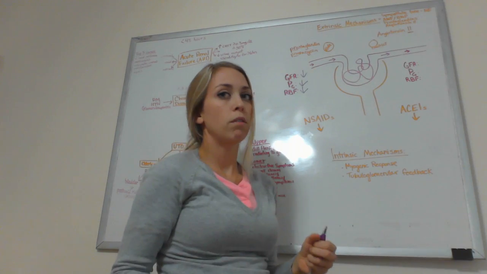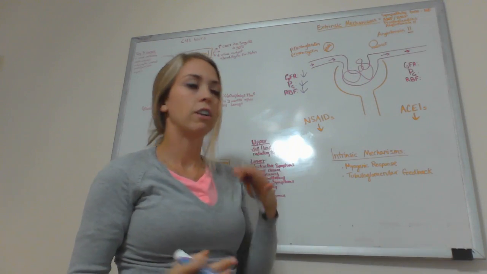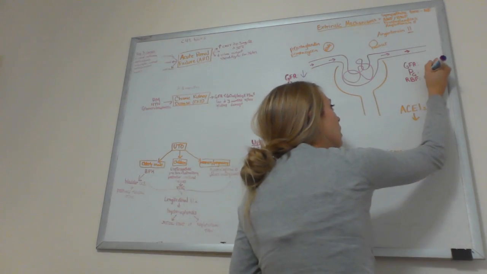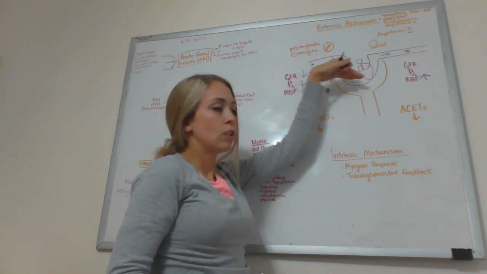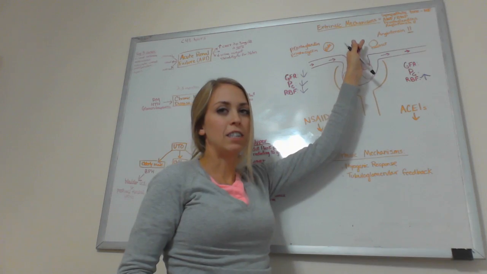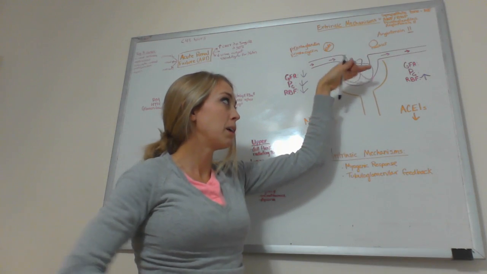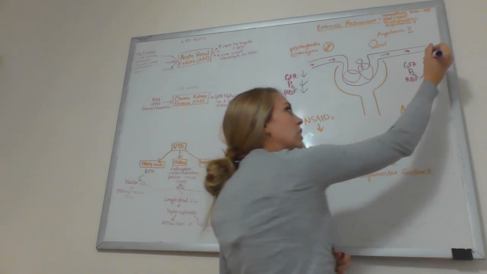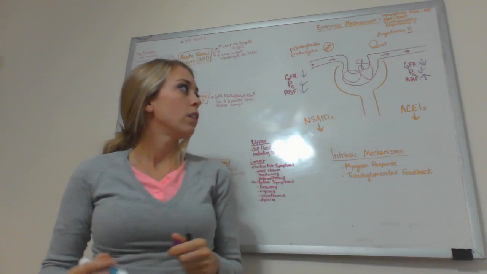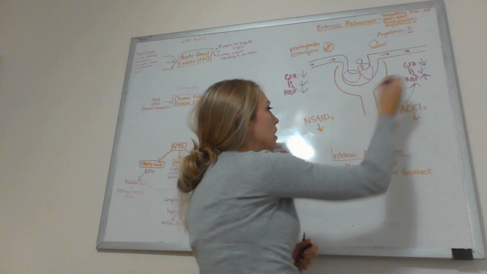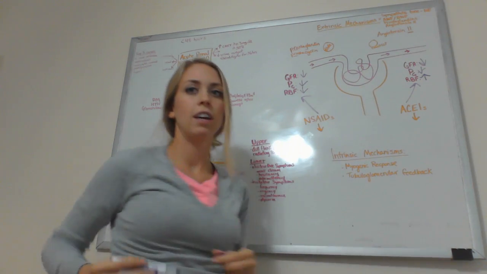So your renal blood flow is going to increase because you're increasing the dilation. But at the same time, you're not slowing down and making the fluid stagnant in the glomerulus. So your filtration rate is going to go down because your pressure goes down there. So that's the effect of ACE inhibitors, and that's the effect of NSAIDs.